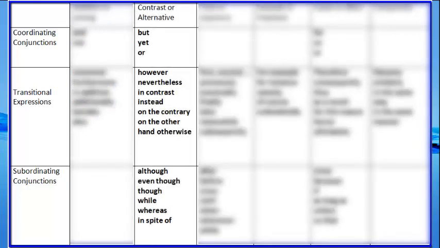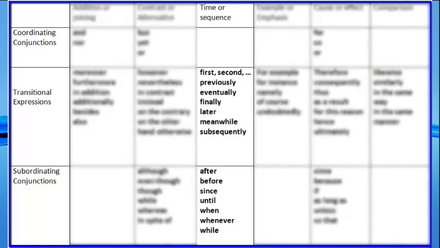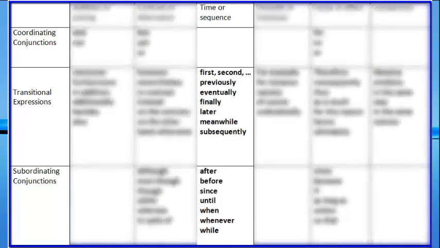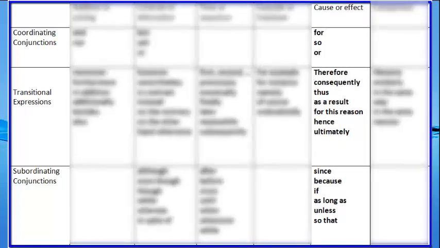There are coordinating conjunctions, transitional expressions, and subordinating conjunctions that show contrast or alternative. There are transitional expressions and subordinating conjunctions that show time or sequence. And there are coordinating conjunctions, transitional expressions, and subordinating conjunctions that show cause or effect.